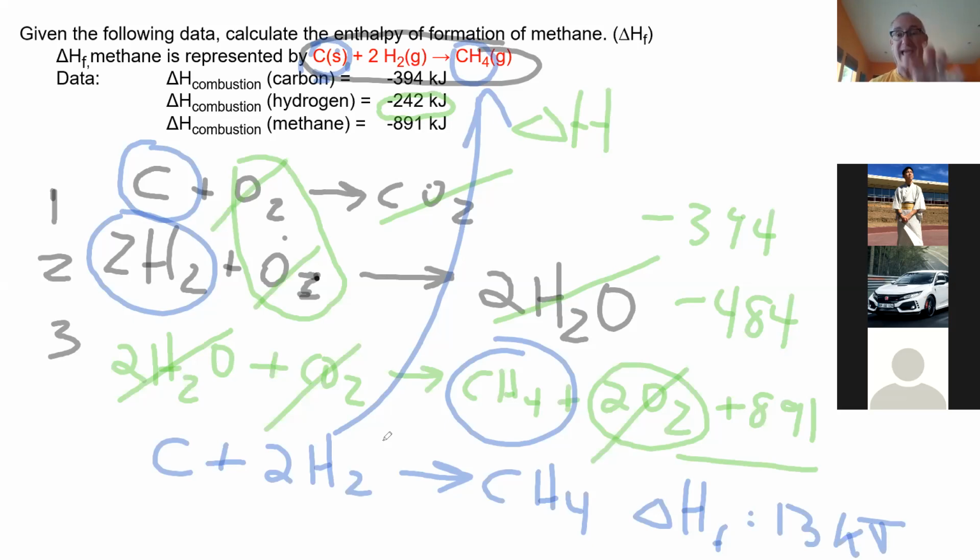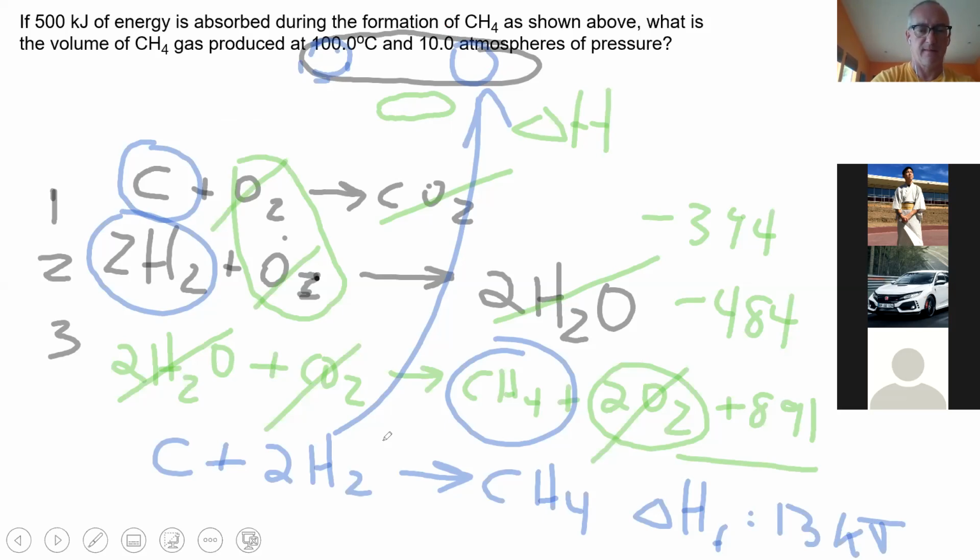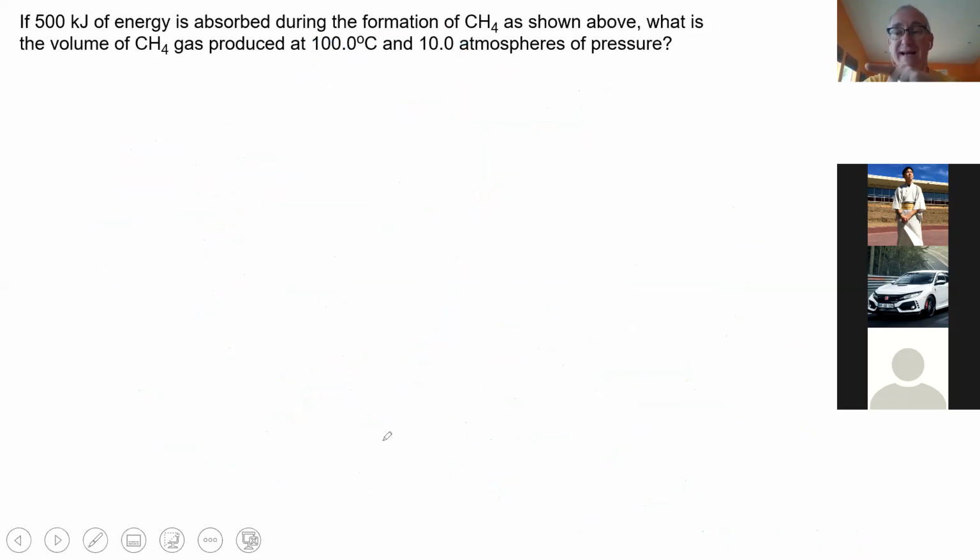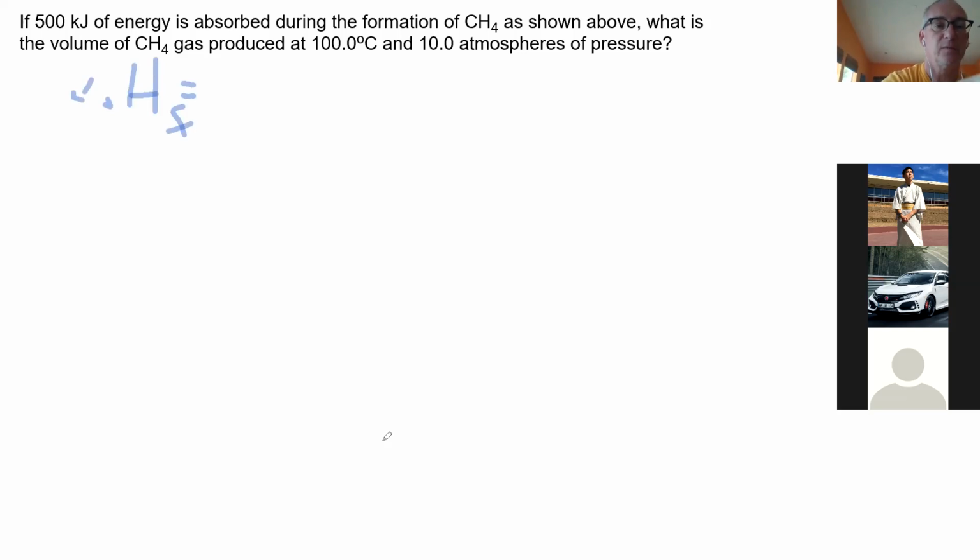Then you use that information to go to the next question. What was the information we just calculated? We calculated that our delta H of formation was 13 kilojoules.